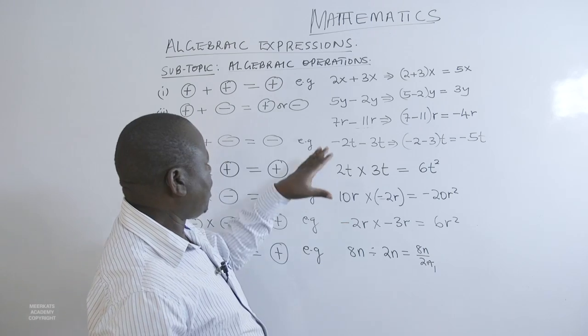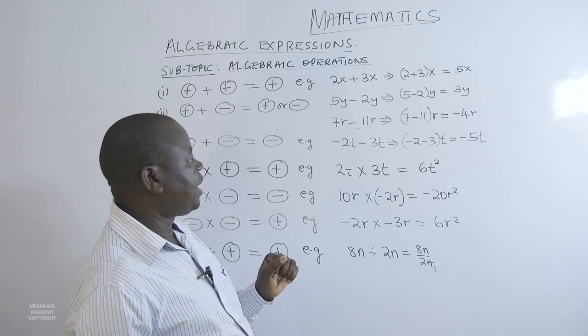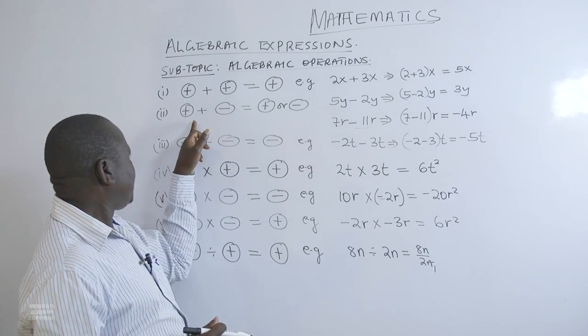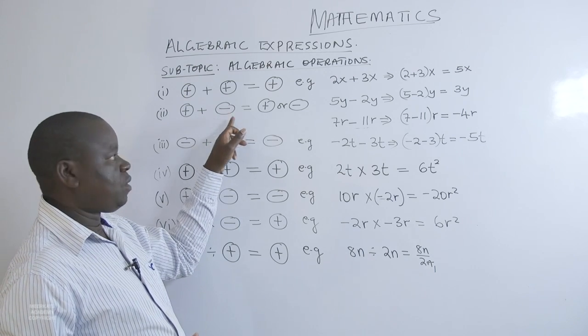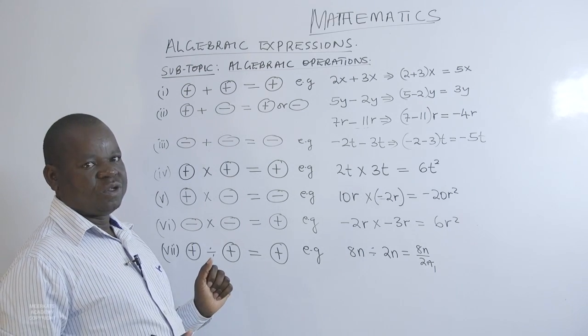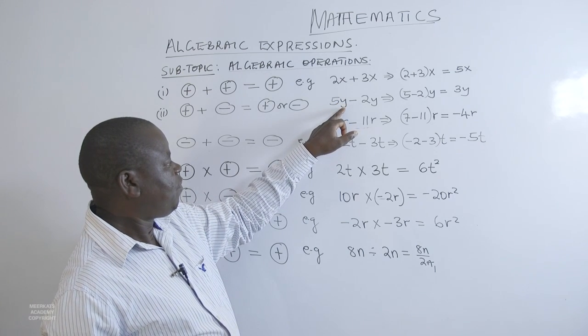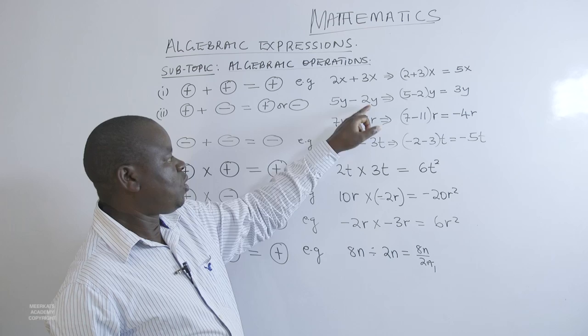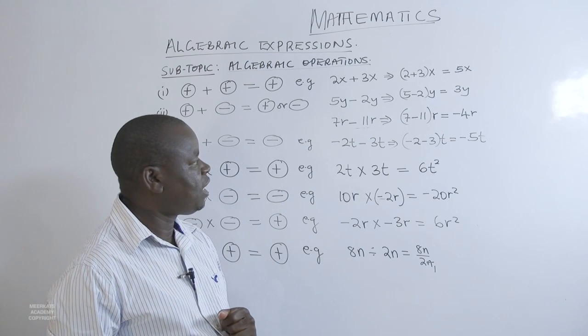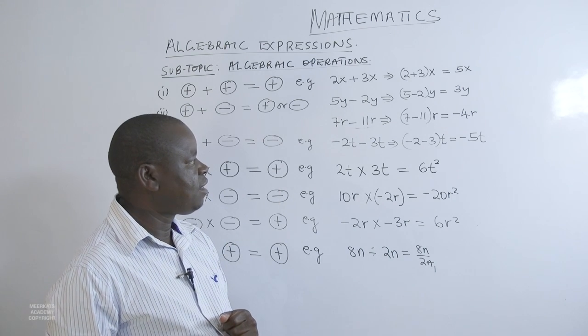Next, we look at an example where a positive added to a negative, the answer will be a positive. In our first case, we have 5y minus 2y.